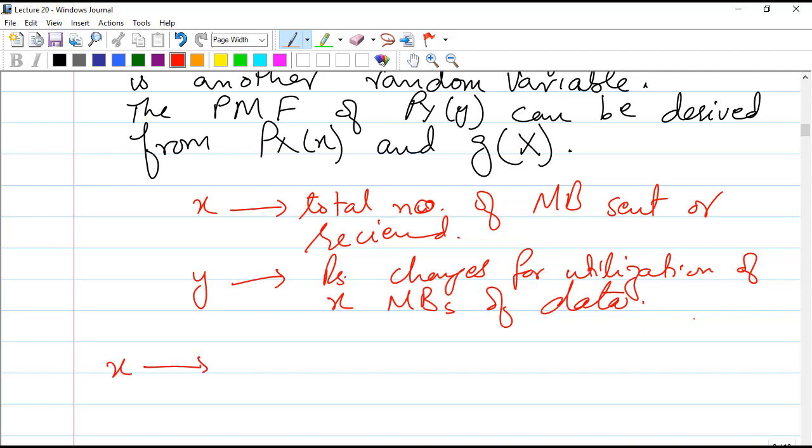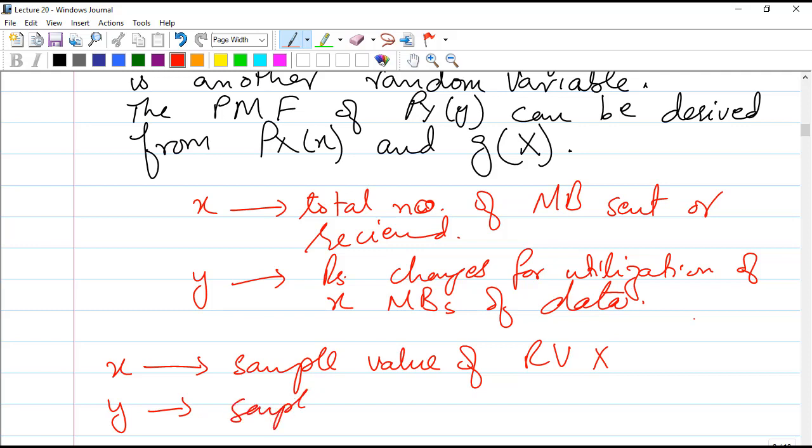So in this way we can say that x is a sample value of random variable x, then y is a sample value of random variable y.